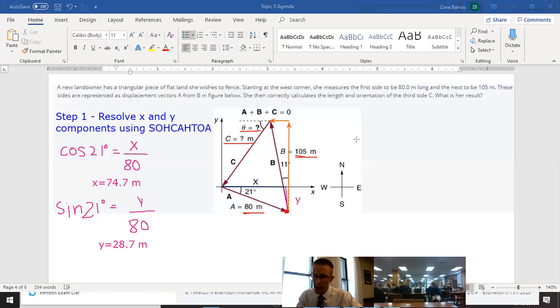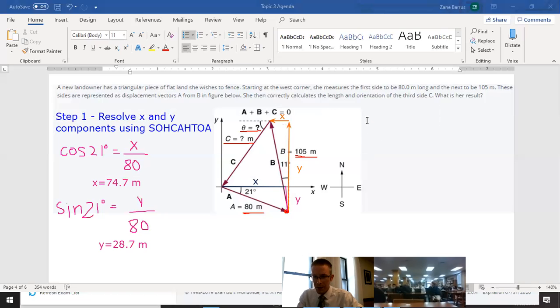Now, let's label which ones these are. The tall one is my y component because it's vertical. The short one is my x component because it's horizontal. Now I repeat the process over again. I'm going to do cosine and then sine to figure out what my x and y are.